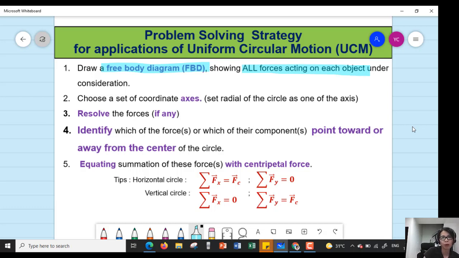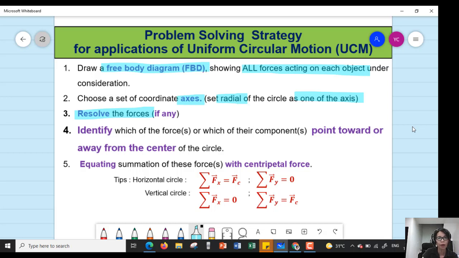Then we choose an axis, and we always set the radius as one of the axes. If there are any forces that act at a particular angle, we need to resolve the forces.